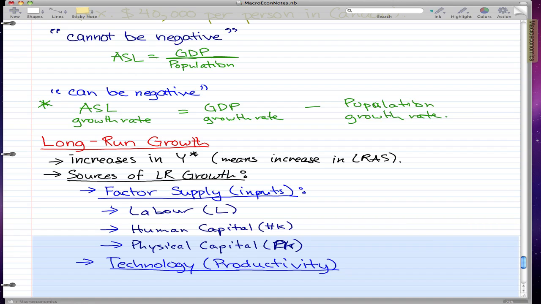And pretty much for all these factors, an increase in any of these factors means that there's long run growth.